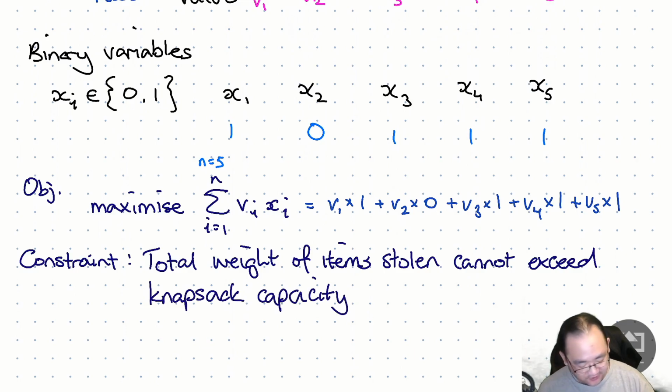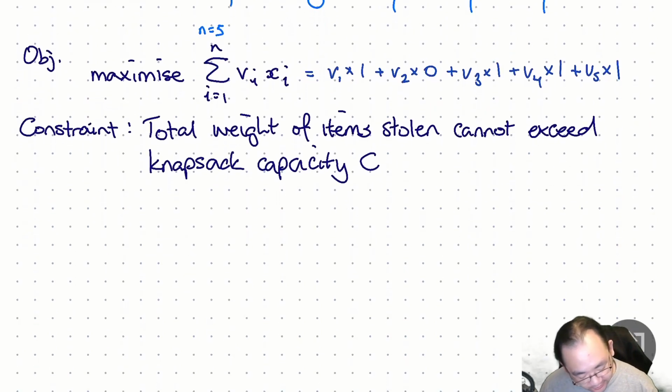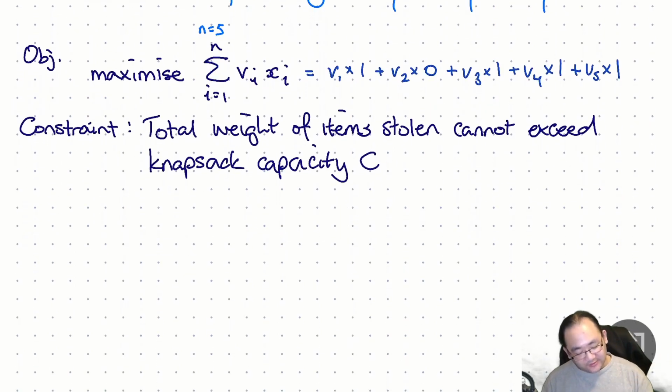Just for clarity's sake, we're going to say the knapsack capacity is C, just as some arbitrary constant. So here the total weight of items stolen cannot exceed the knapsack capacity C.